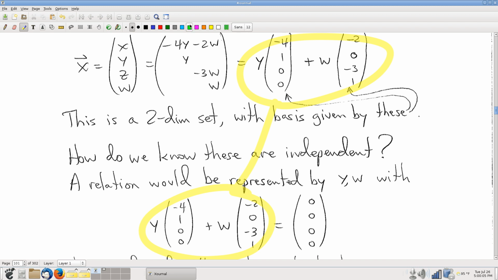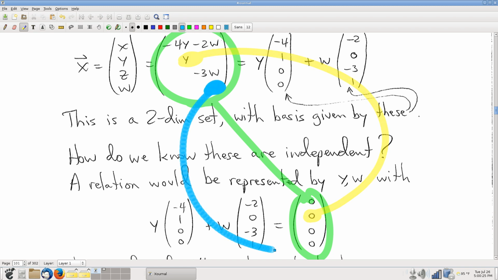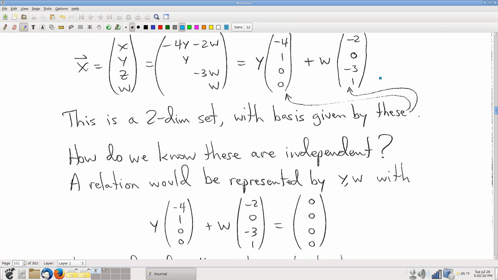Said differently then, I need to know, how can there be a y and w that makes that equal to that? And looking at it that way, I see it's very clear that y has to be 0 and w also has to be 0. So, said differently, the only relation between these vectors is the trivial relation where these are both 0. And that means that these vectors are independent.